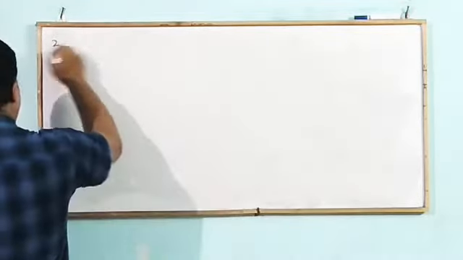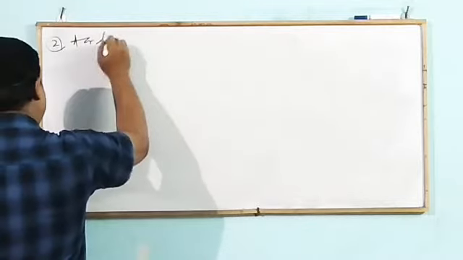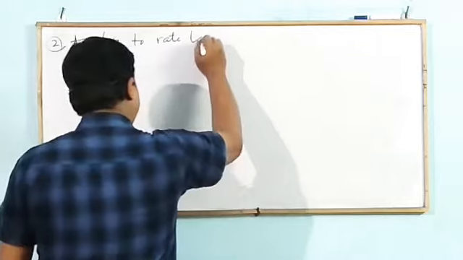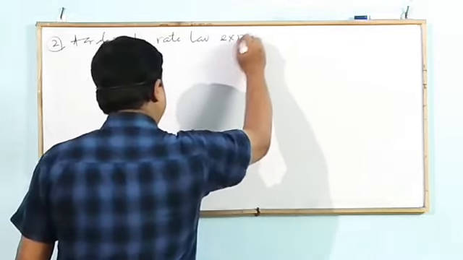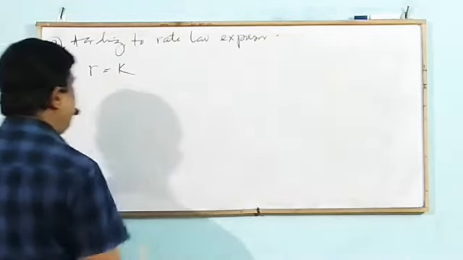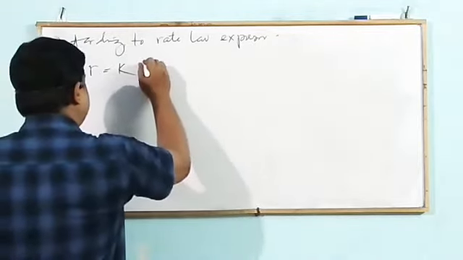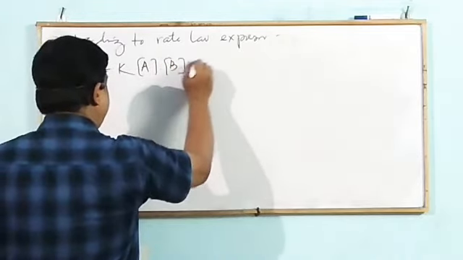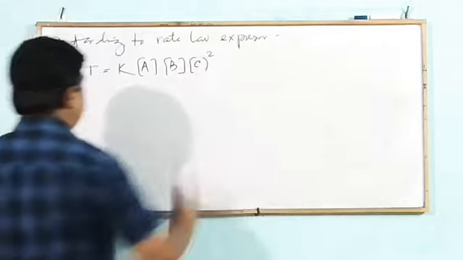Next type of problem. According to the rate law expression, the data is given, that is R is equal to K, A, B, C power 2.